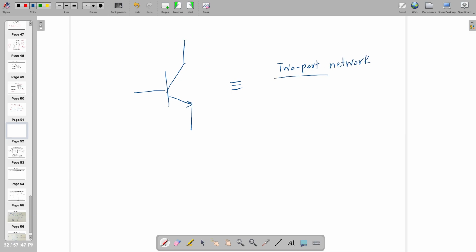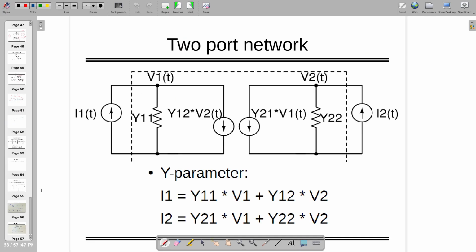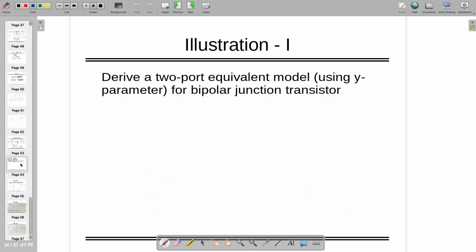Please pay attention here, because this is not given in any book, this is not copied from any book, this is my analysis. That's why it's handwritten. Now derive the two port equivalent model for a bipolar transistor. I want to find out how this BJT will look if I draw the equivalent model.